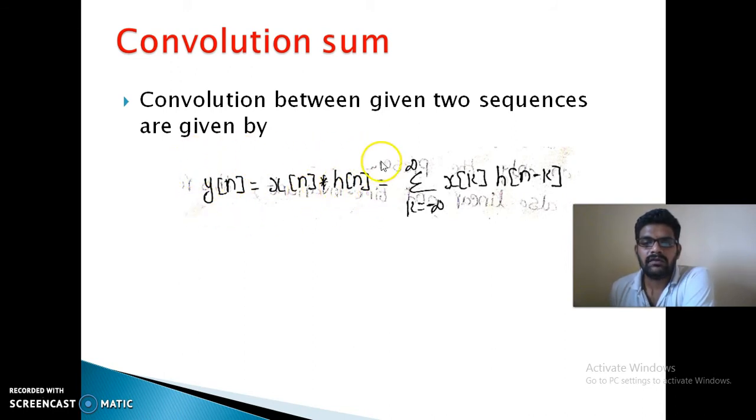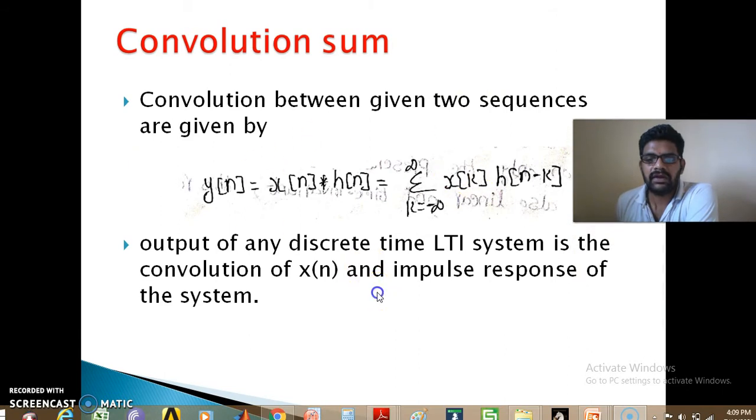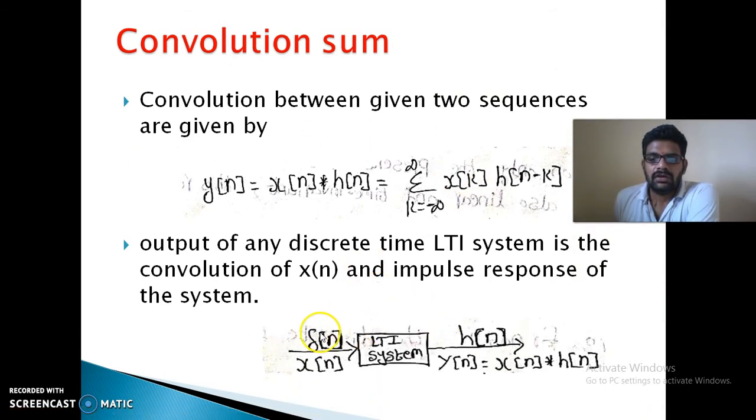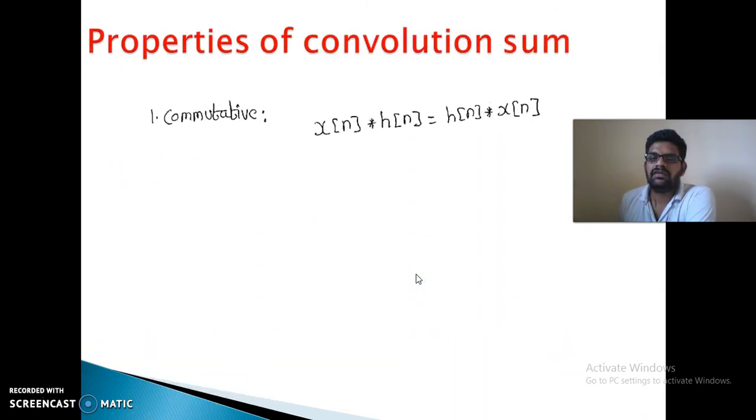So the output of a discrete time system is the input convoluted with the impulse response, which is the definition of the output of an LTI system. If the input is delta of n, the output is h of n. If x of n is the input, then the output y of n is equal to x of n convoluted with h of n. Properties of this convolution.